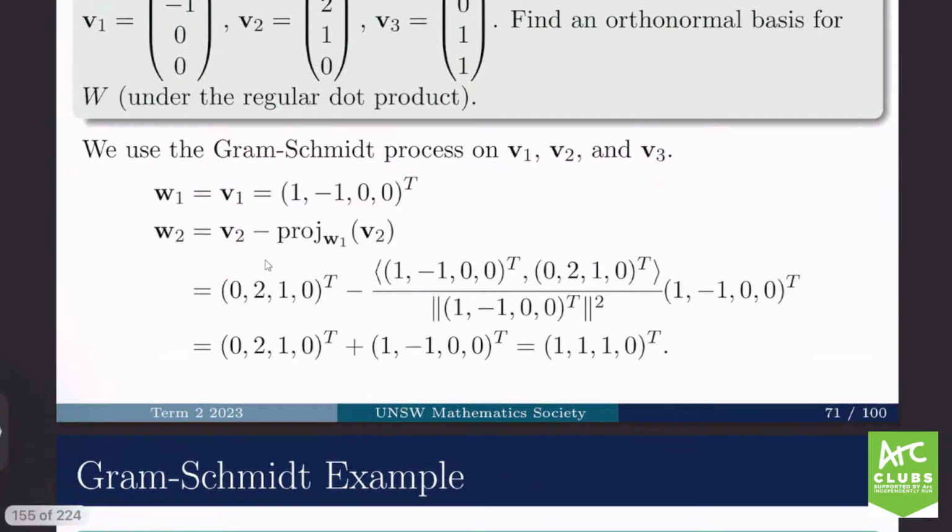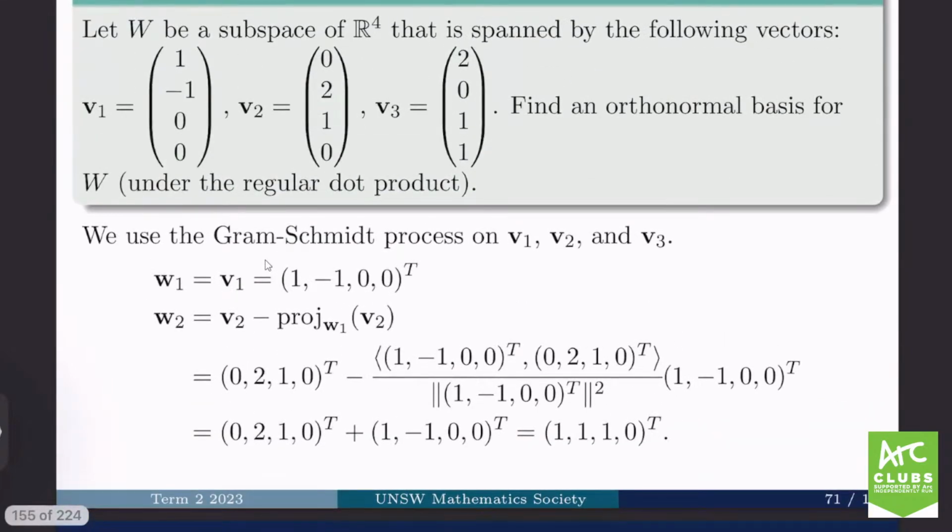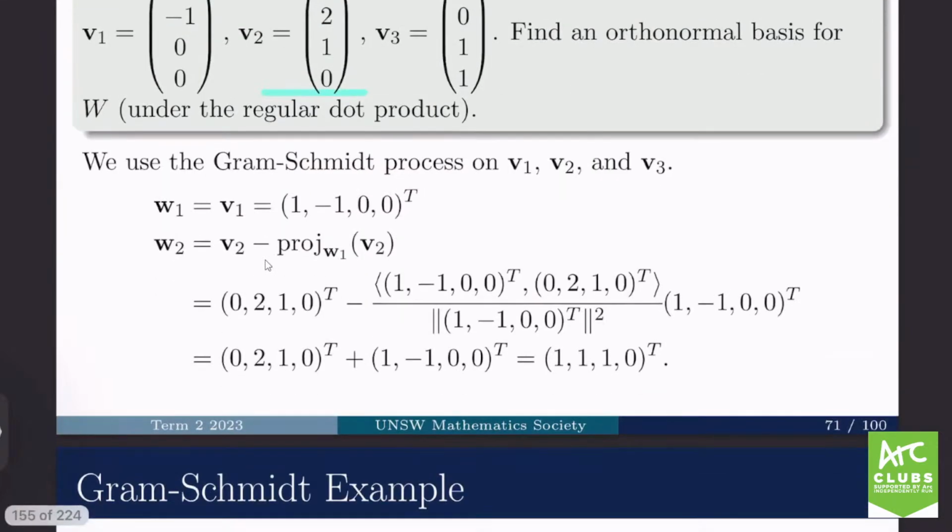Now, in order to find w2, we're going to need to take v2, this vector here, and then subtract the projection of v2 onto w1. Remember, the projection is given by this expression here. If we actually just calculate this, keep in mind that this inner product is the regular dot product.